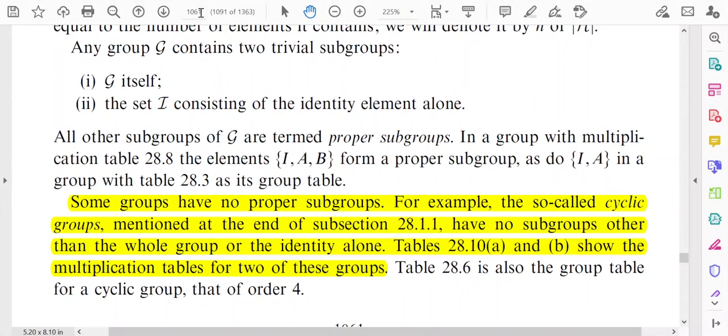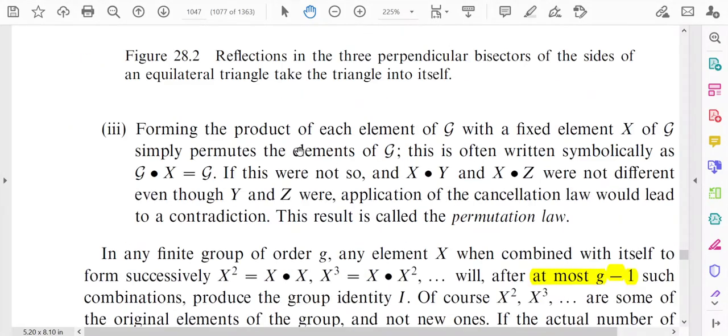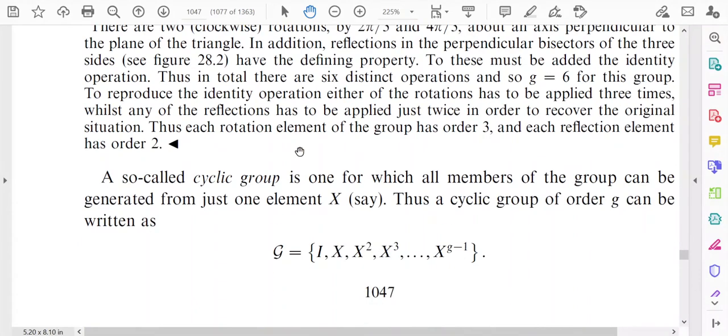So what is a cyclic group? I will show you again. A cyclic group is one for which all members of the group can be generated from just one element x.